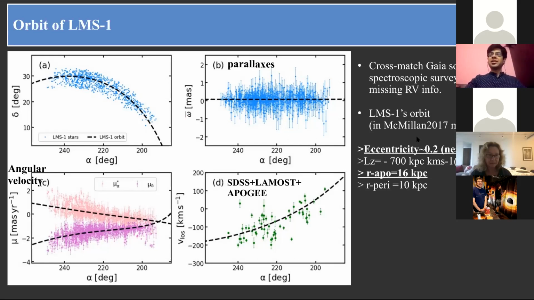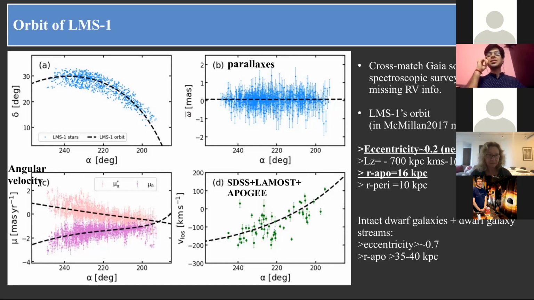The reason for highlighting these two orbital properties is that none of the known dwarf galaxy streams or even intact dwarf galaxies have such low eccentricity. For example, most of the streams of dwarf galaxies have quite high eccentricities of more than 0.5, 0.6, which means they're on very radial orbits, but LMS1 is not, it's on a circular orbit.